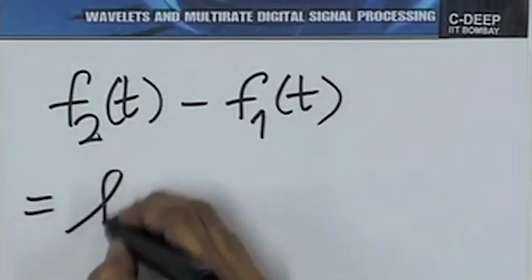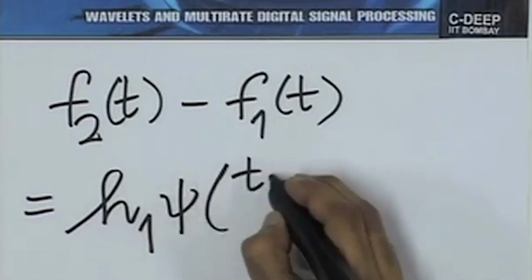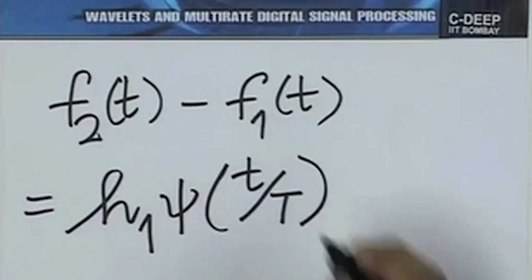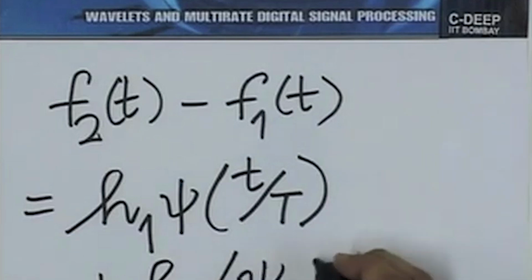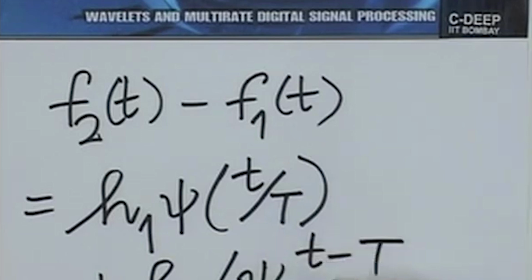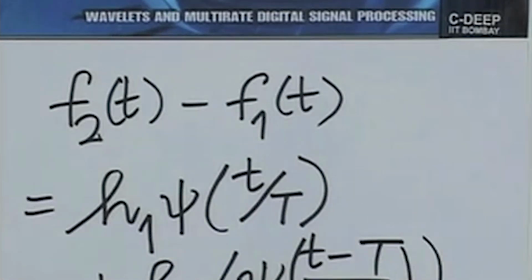Some h1 times psi of t dilated by T, plus h2 times psi of t minus T dilated by T. So, here this is both dilated and translated, all right.